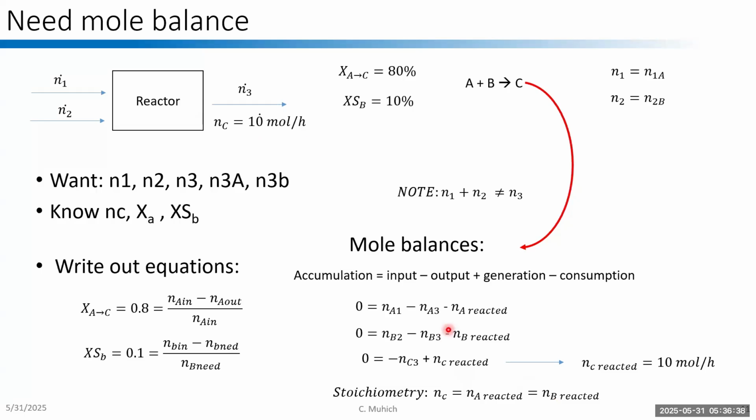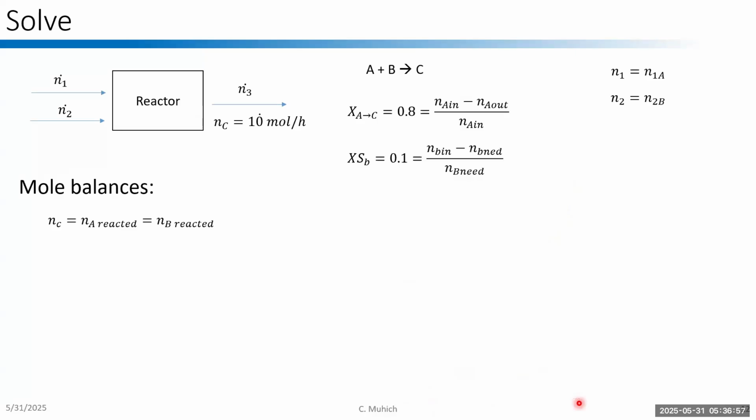Okay, and so lastly, we can start making additional relationships by reminding ourselves, based on the stoichiometry, that N_C reacted or generated is the number of moles of A consumed and the number of moles of B consumed. All right, so let's use these facts.